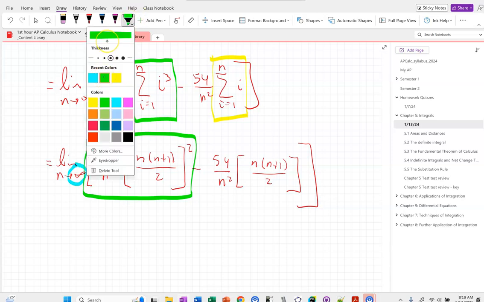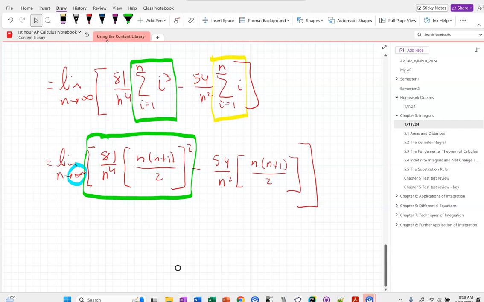And since the limit that we're looking at is going to infinity, all I really care about is the degree of the numerator and the degree of the denominator, right? If I look at the degree of the numerator, what's the degree of n times n plus 1? That's degree 2, right? I have an n squared in it.